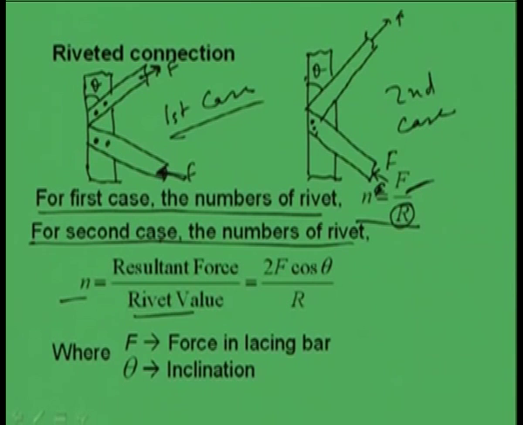Resultant force, how much will it be? If we see, if this is F, this will be F cos theta, and this will also be F cos theta. So 2F cos theta, that means F cos theta plus F cos theta.